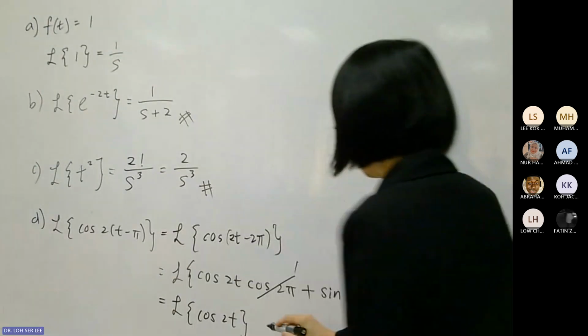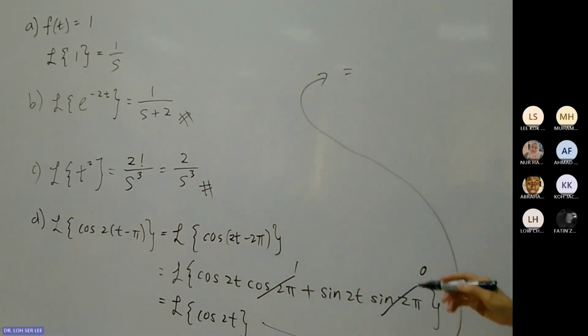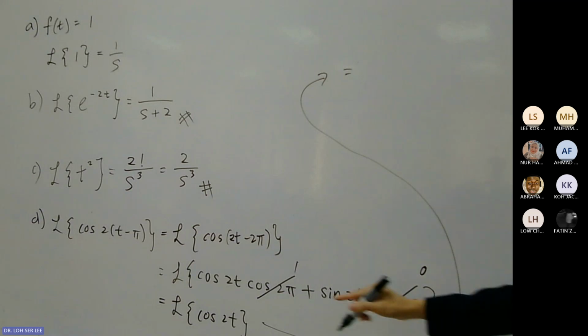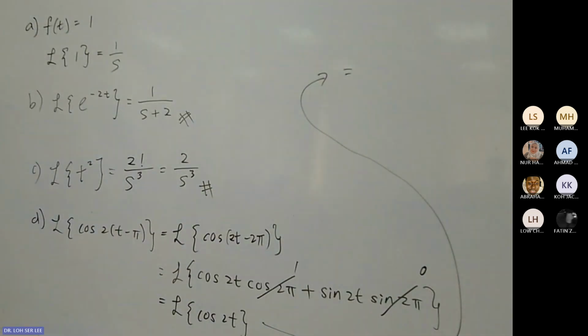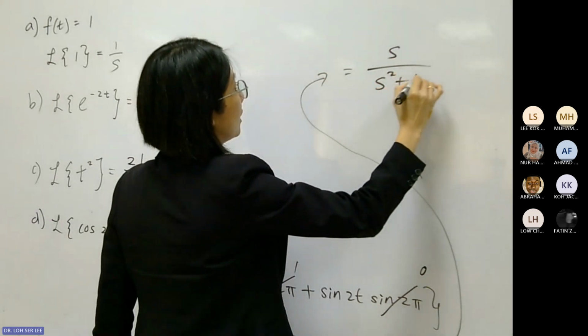Then I continue here. For cos 2t, a is 2. We use the cos at formula, so when a is 2, you have s over s squared plus 4.